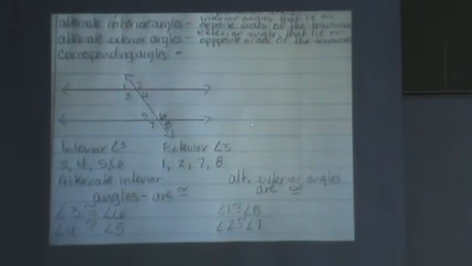Okay, now let's talk about the corresponding angles. First off, give me our definition for corresponding angles. Those are those angles that are in the same position on the two lines in relation to the transversal.